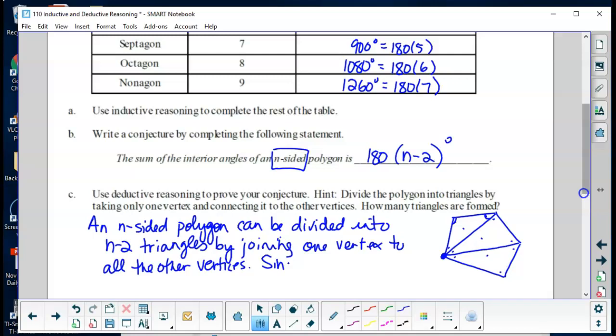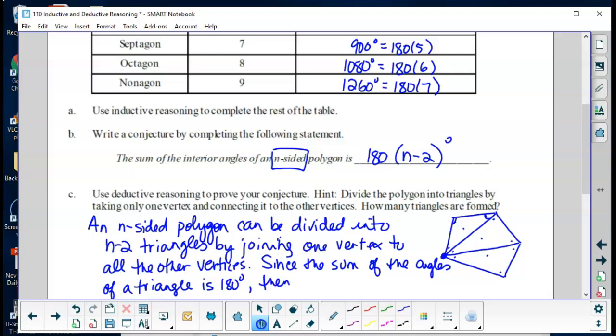Okay, since the sum of the angles of a triangle is 180, then the sum of these, all interior angles, right?